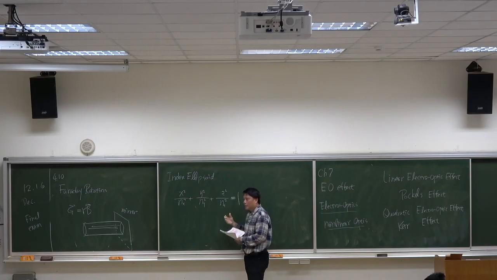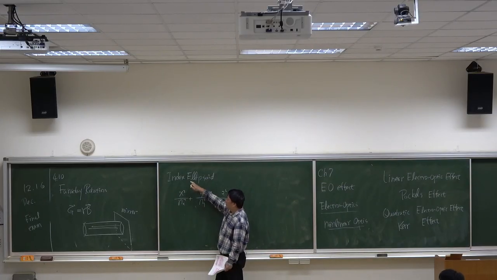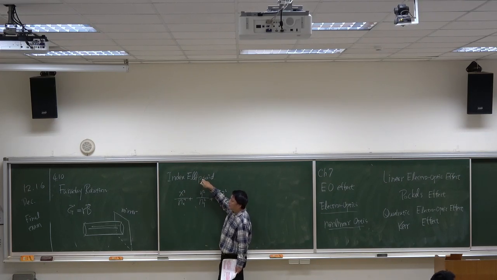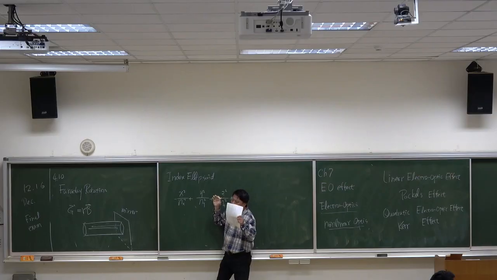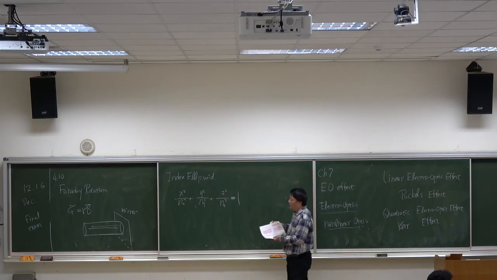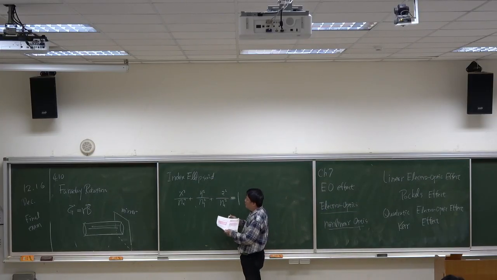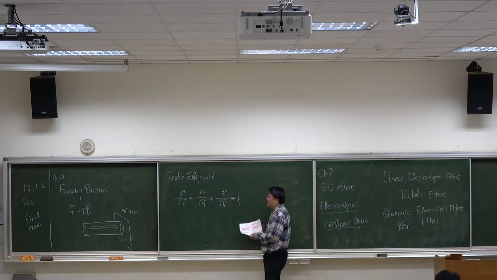Previously we had two ways to discuss the polarization state of light. One is the so-called normal surface, which focuses on k space, where the key is the k vector itself. But there is another description, which looks at the D vector, the so-called index ellipsoid. We also mentioned it in chapter 4. So we have two possible ways to study the propagation of waves inside the crystal. The first one uses the so-called normal surface, Snell's equation with normal. The second method is to consider the D vector instead of the k vector.